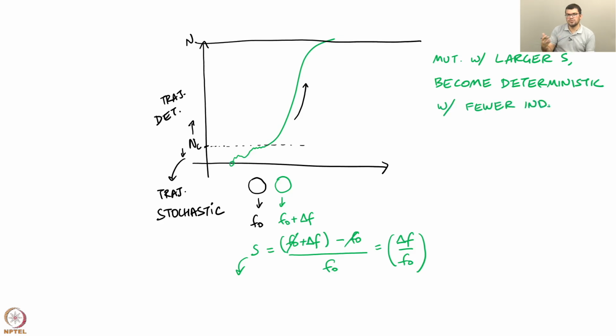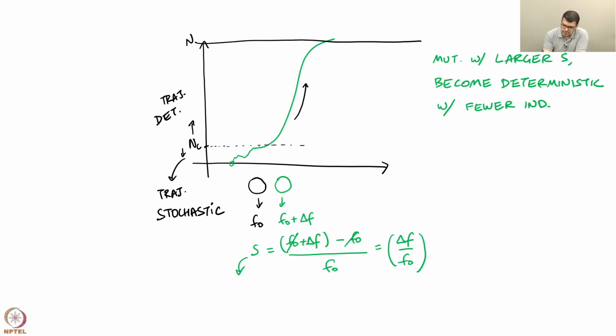On the other hand, the converse is also true, that mutations which confer a very small benefit, have a very small S associated with them, their trajectories become deterministic when there are relatively much larger numbers of individuals of that kind present in the population.